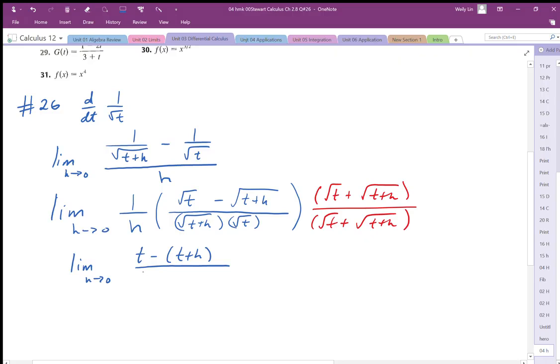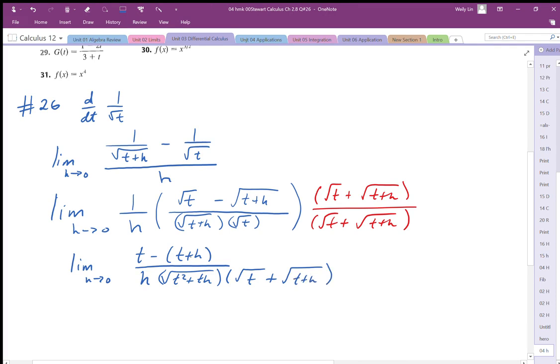In the denominator, I have my factor of h, which is going to cancel. And I'm going to keep this in factored form, but I'm just going to put this into one term. So t squared plus th, and then multiplying that by the binomial denominator here, root t plus root t plus h.